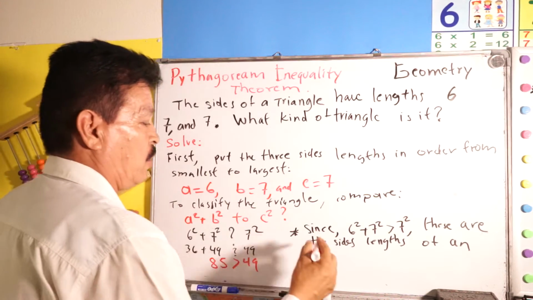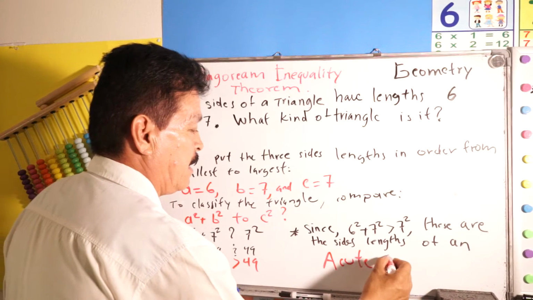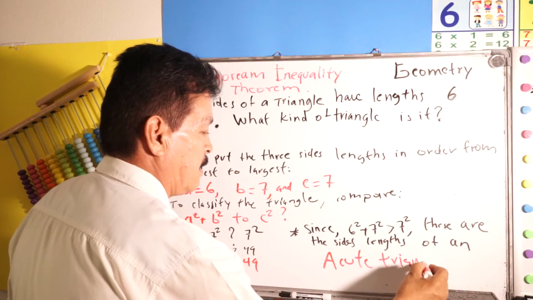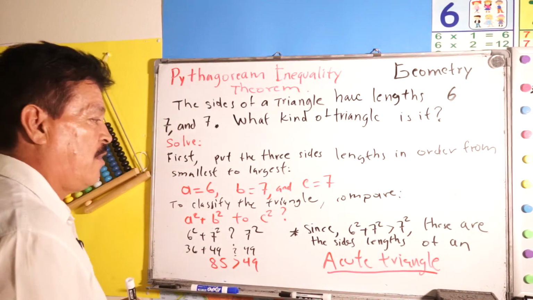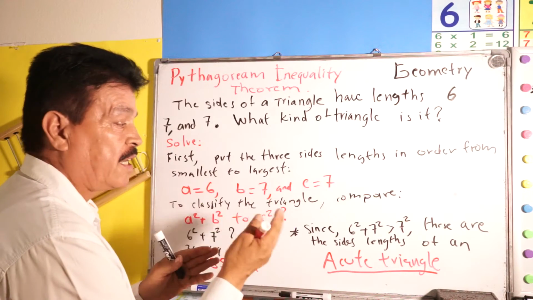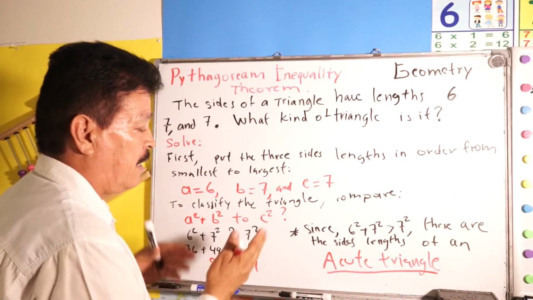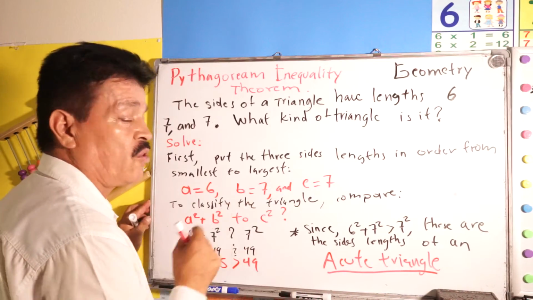An acute triangle. Alright, this is the answer for our problem here. Remember, just check back my class in my video, and then you see why it is an acute triangle.